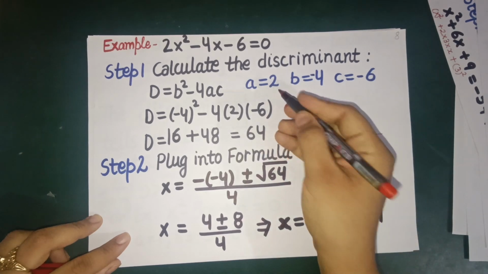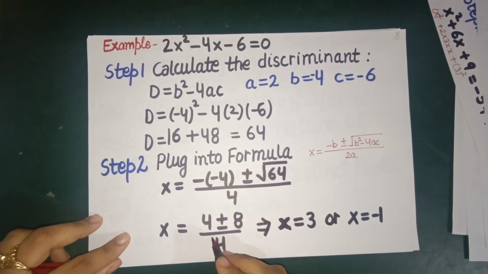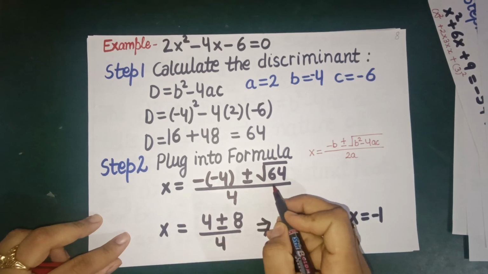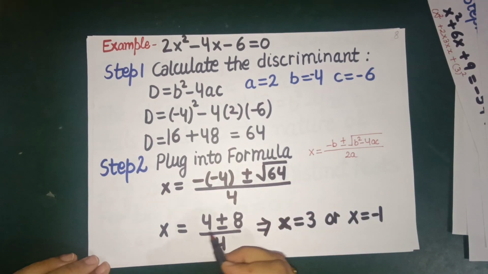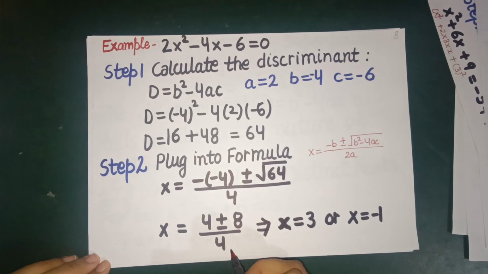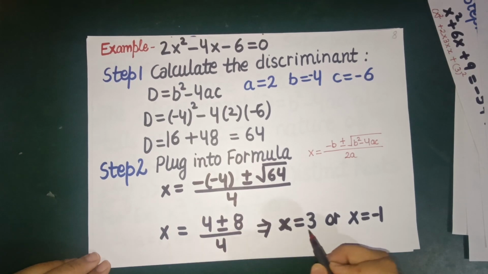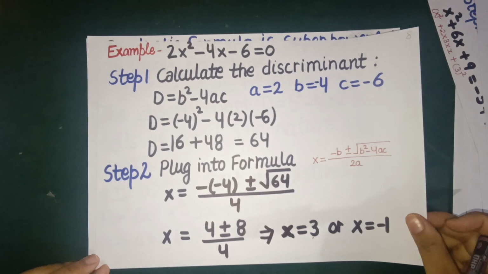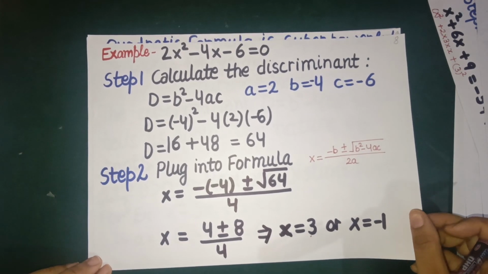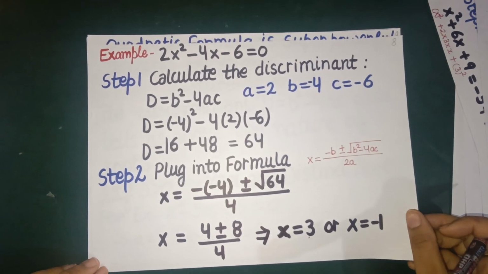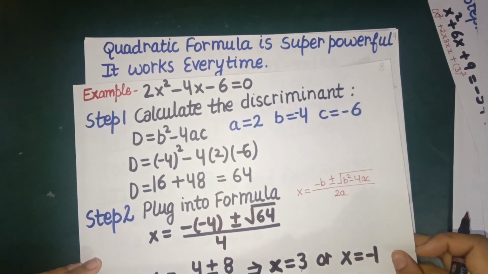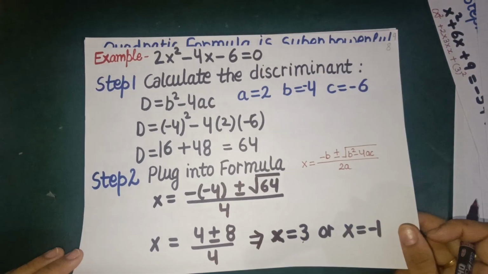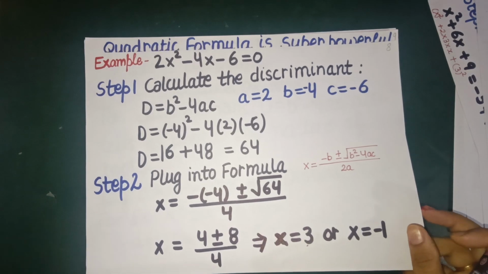A is 2, so 2 into 2 is 4. And this minus minus becomes plus. Plus minus, and the root of 64 is 8. So (4 ± 8) / 4. And this gives the values x = 3 or x = -1. And these are the values of x. The quadratic formula is super powerful. It works every time. You can do any question with this formula.